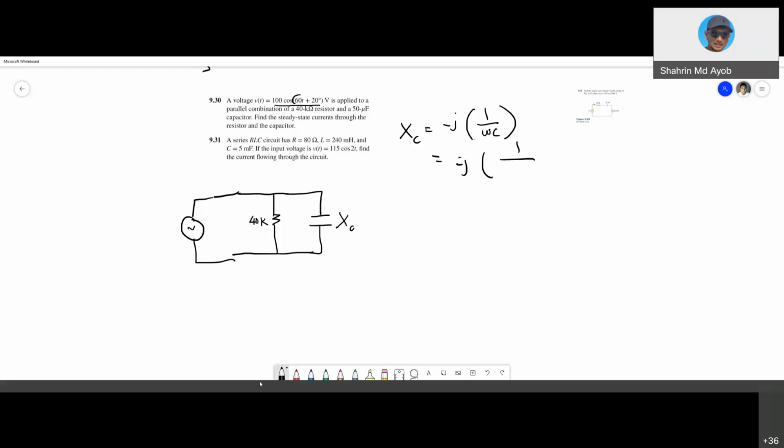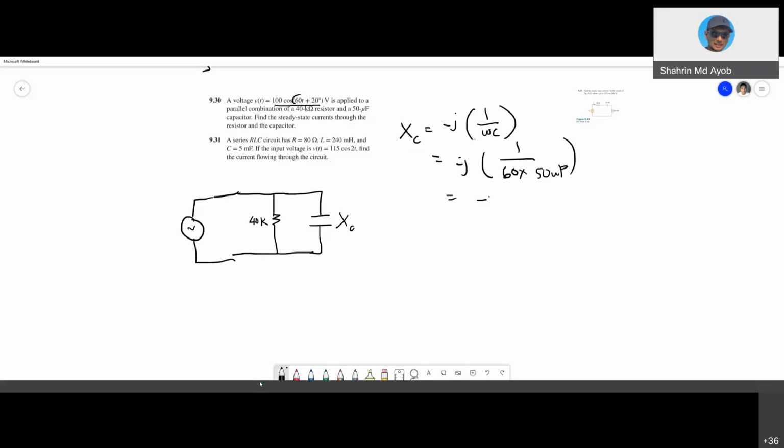For this circuit, you need to operate at one single omega. So when the voltage source has omega 60, it means all the elements operate at the same angular frequency. So 60 multiplied with the capacitor value, 50 microfarad.